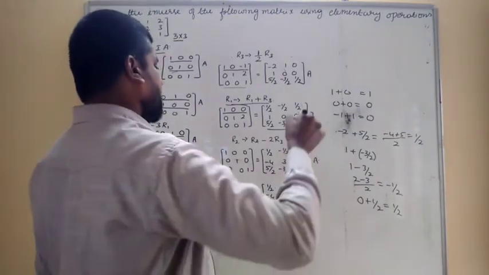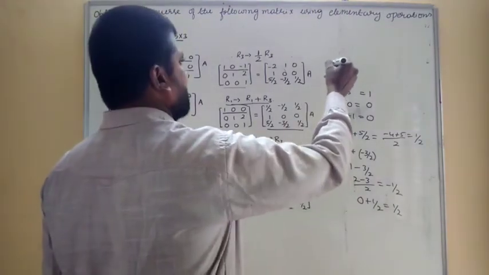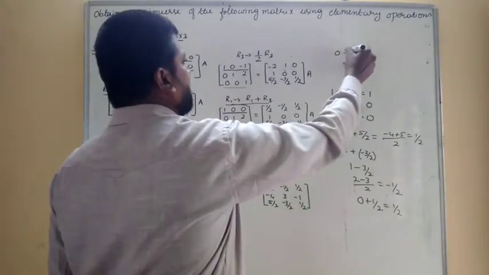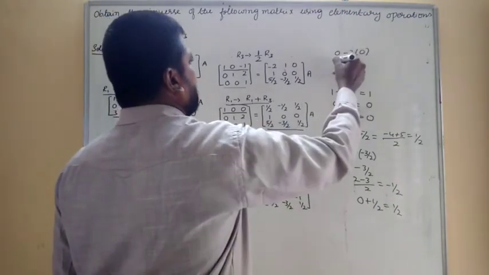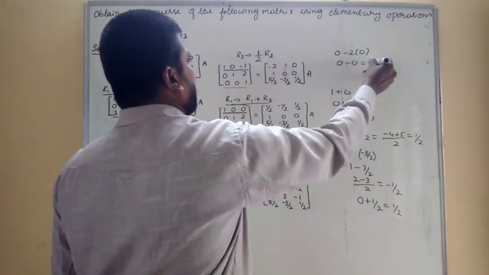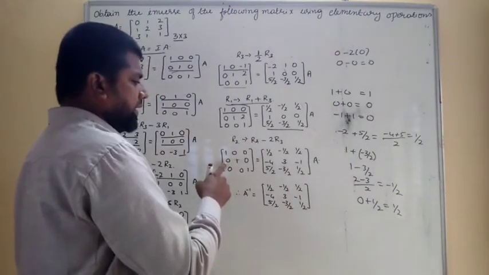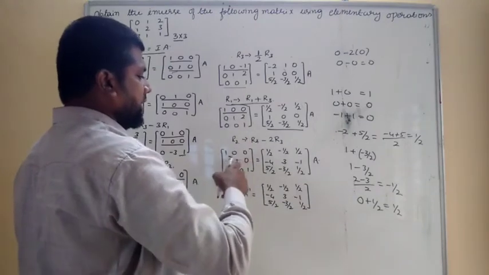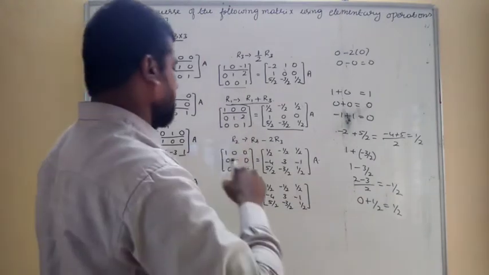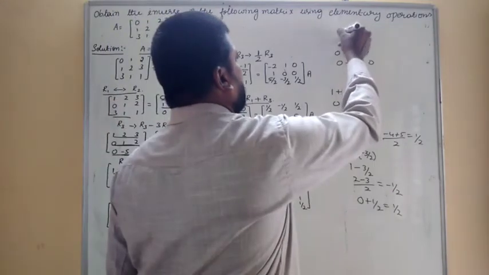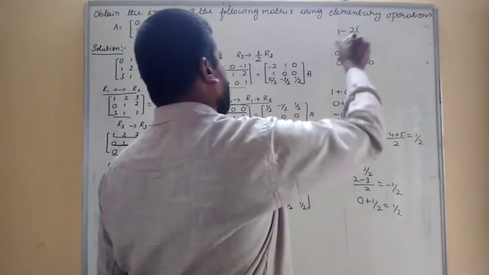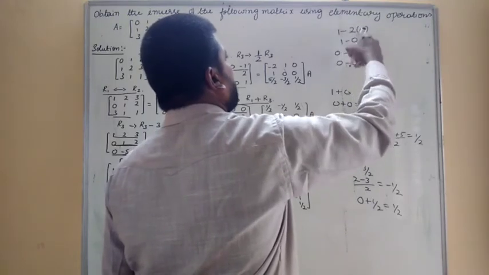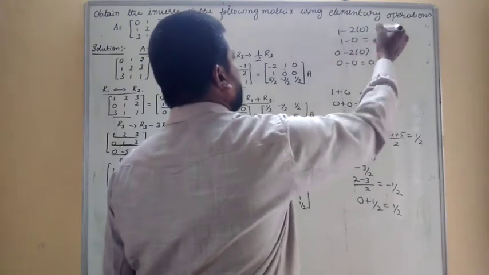The R2 element is 0, then minus 2 into 0, so 0 minus 0 is 0. Then R2 changes, 1 minus 2 into R3's element 0, which is 0, so 1 minus 0 is 1.